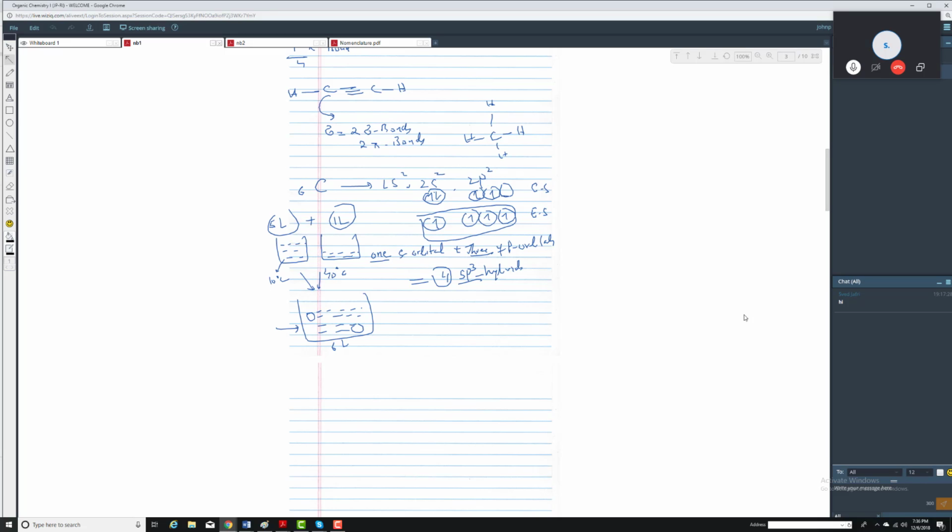The same thing happens here. Before mixing, the s orbital has lower energy and the p orbital has higher energy, but after mixing all of the orbitals have equal energy, and the number of orbitals remains the same. Before mixing we have 4, after mixing we get 4, just like the total quantity remains 6 liters. Is it clear?